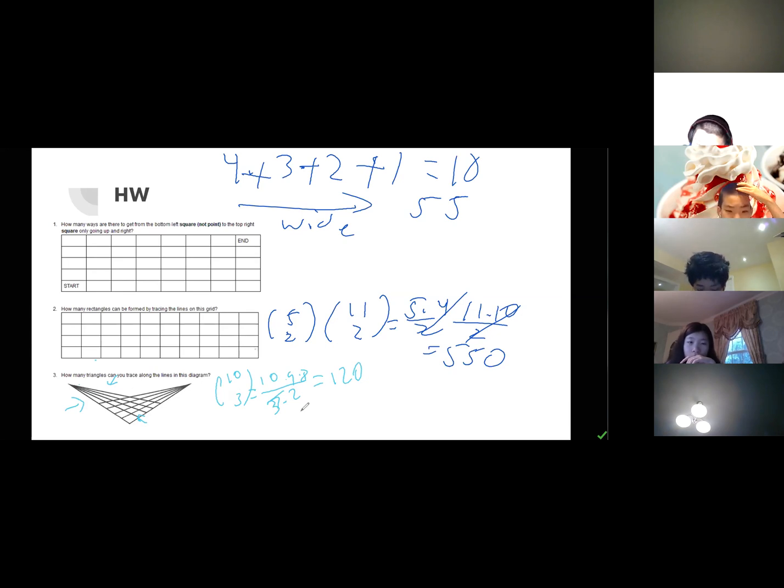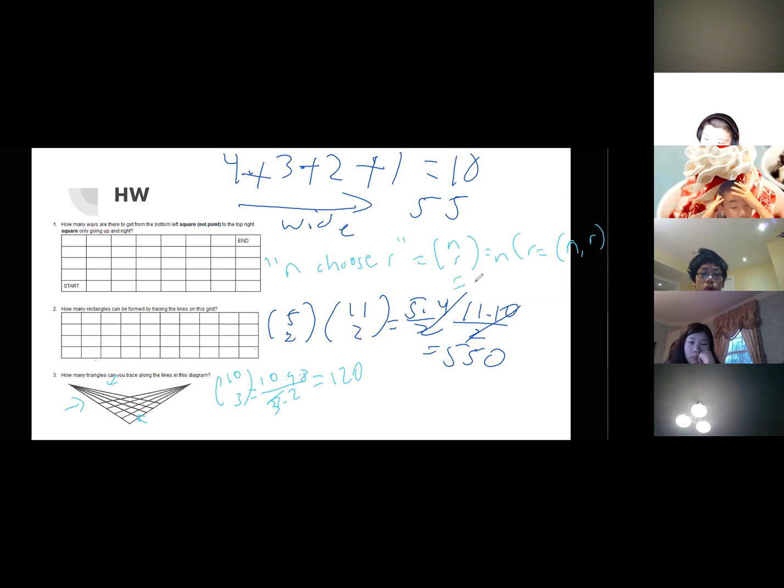Someone asks, what does n choose r mean? If I have something like n choose r, that's just a way to verbally say this notation. Those are the same thing, and it's just a combination.